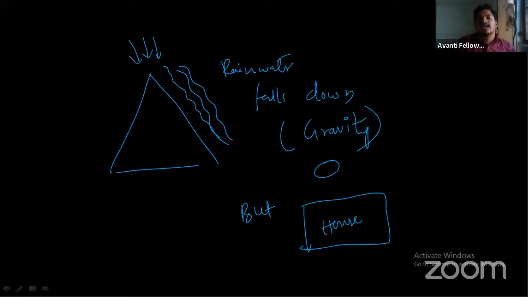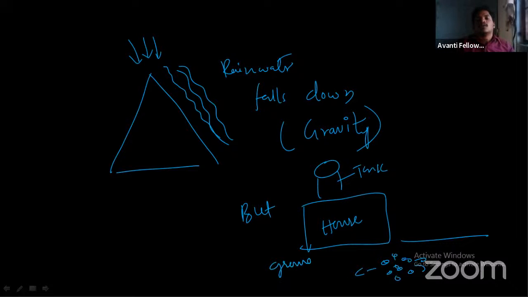But if this is your house, and this is the tank, and this is the groundwater, in order to bring the groundwater to the tank, what do you need to use? Can anybody tell me?